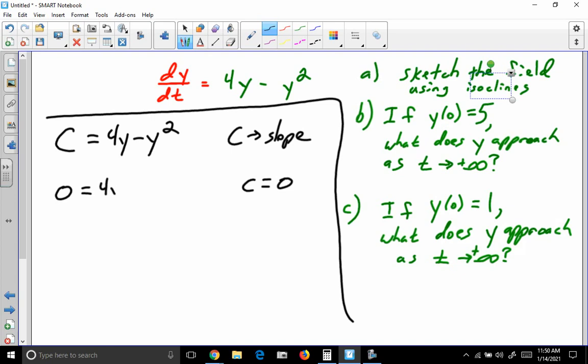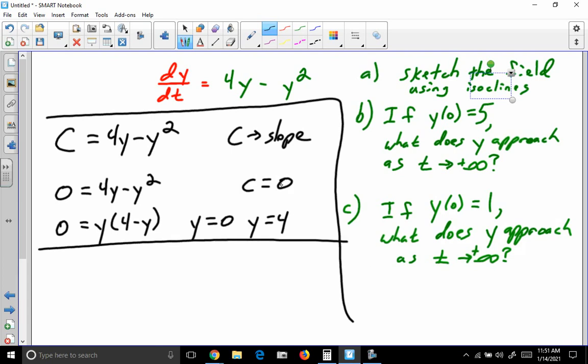If we set this equal to 0, we can factor out the y. And we get, when we have a slope of 0, that occurs when y equals 0 and when y equals 4. Those are the two times where we have that particular slope.